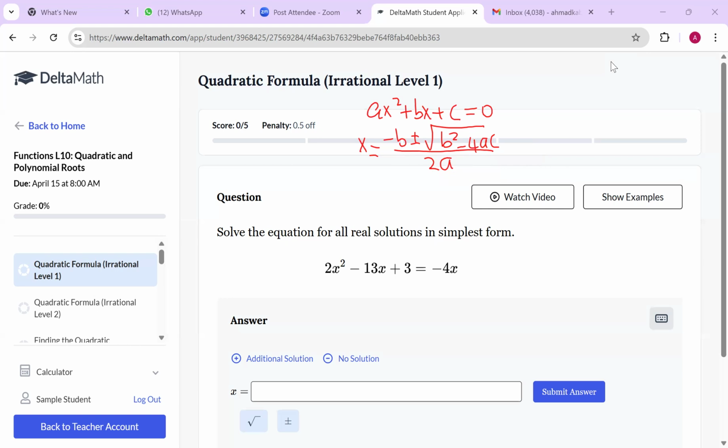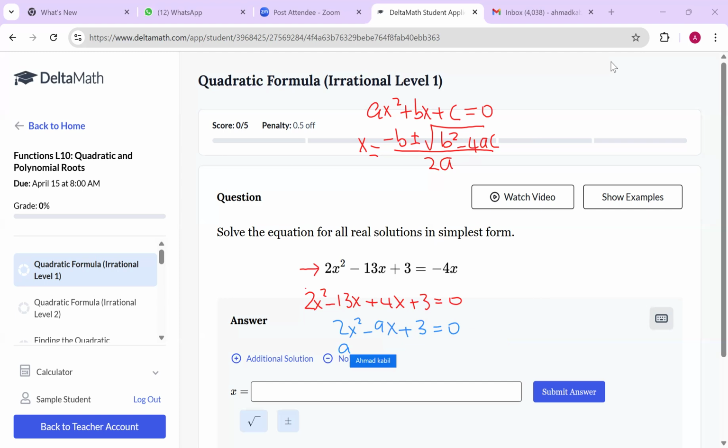So the first thing we need to do here is make sure that this is rewritten in standard form, which is 2x squared minus 13x plus 4x plus 3 equals 0, and then simplified into 2x squared minus 9x plus 3 equals 0.